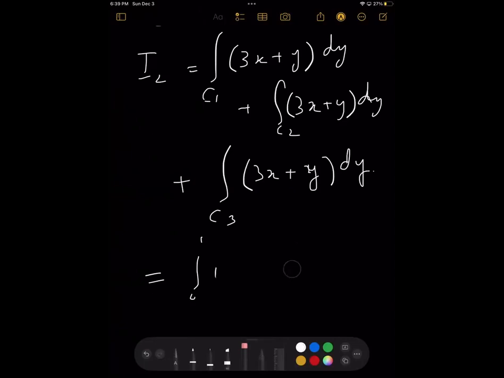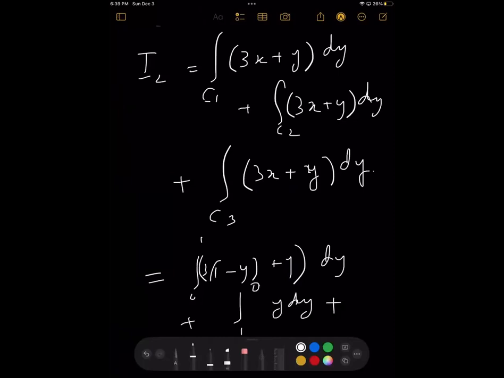So it is 1 minus y multiplied by 3, plus y dy. Then we have the second term from 1 to 0, and here x is 0, so y dy.